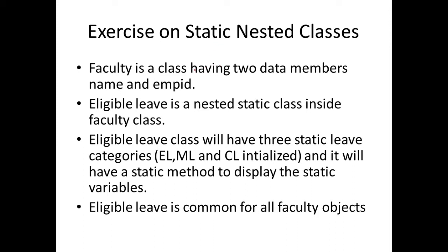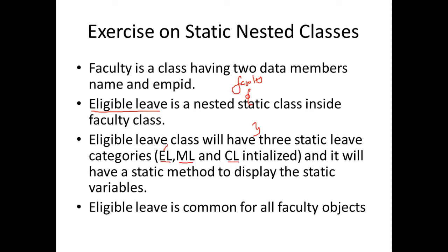So this exercise says we have a faculty class, and the faculty class in turn has another nested class called EligibleLeave. This EligibleLeave class has three static variables: encash leave, medical leave and casual leave.